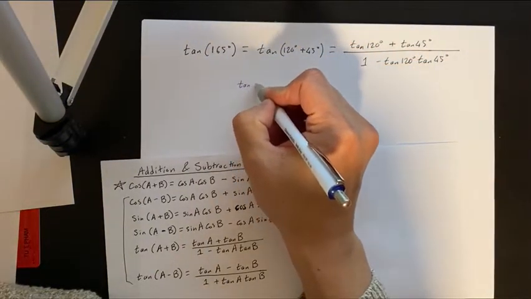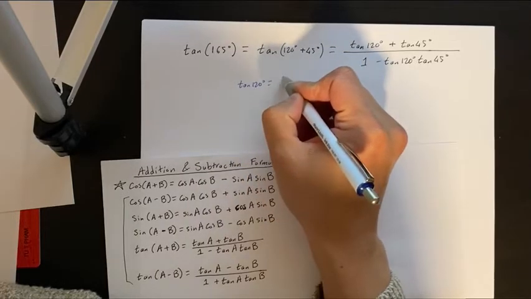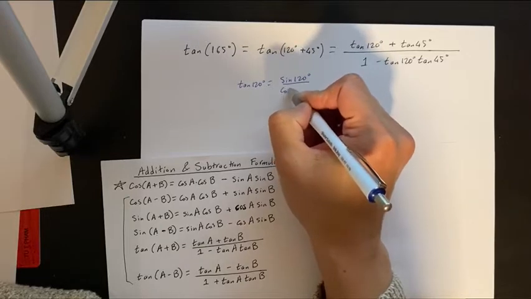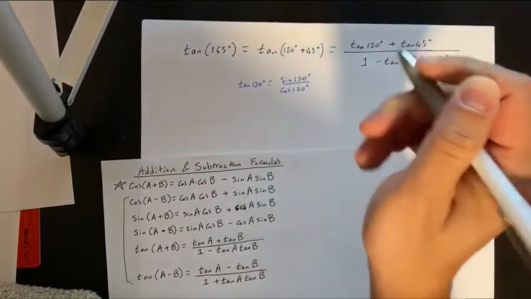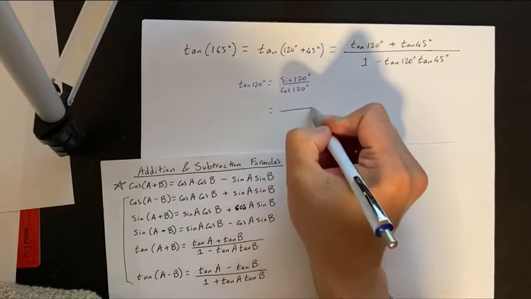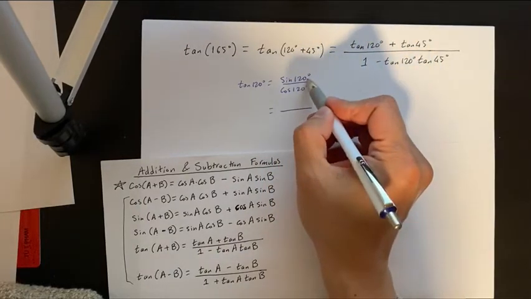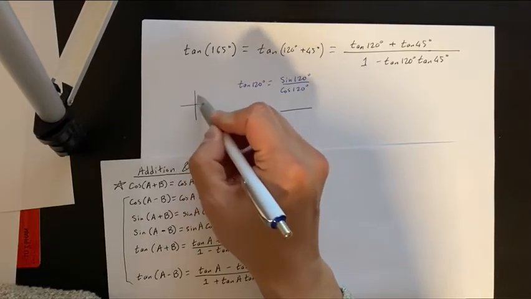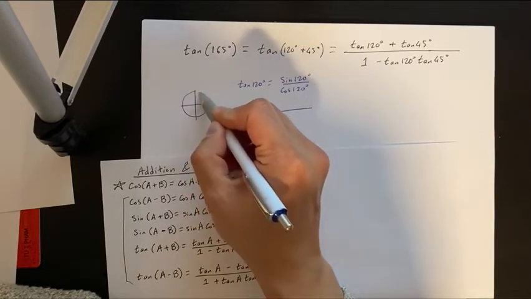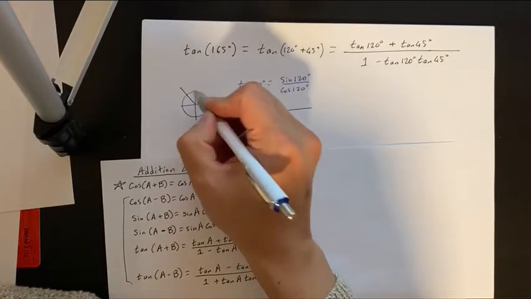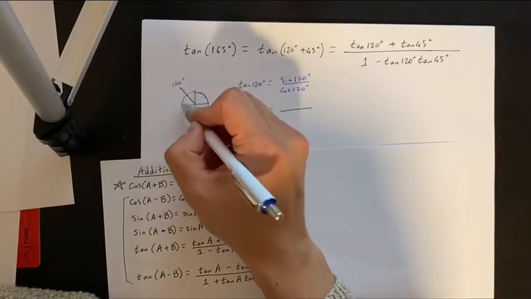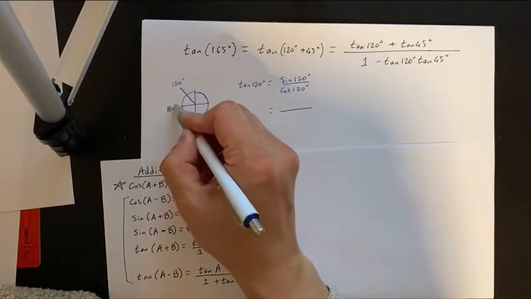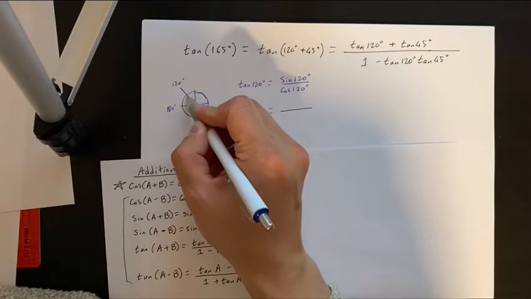What is tangent of 120? Well, tangent of 120 is sine of 120 over cosine of 120. What is sine of 120? Well, 120 is in the second quadrant, somewhere over here. And if you're at 120 degrees, that is 60 degrees less than 180.